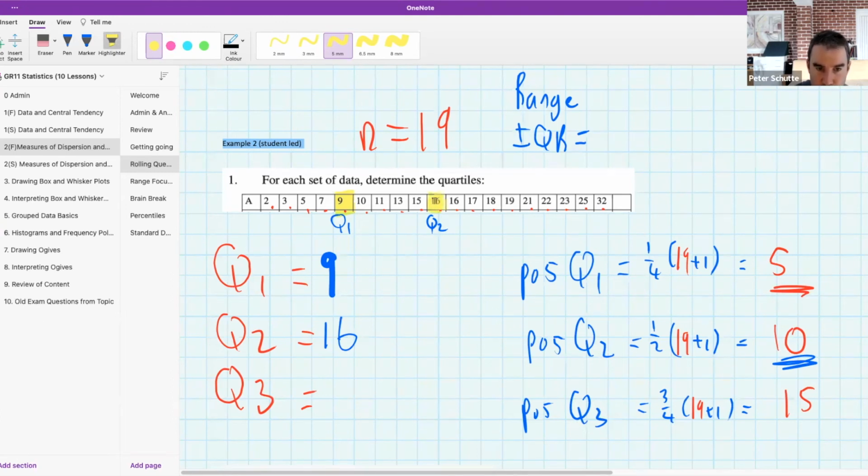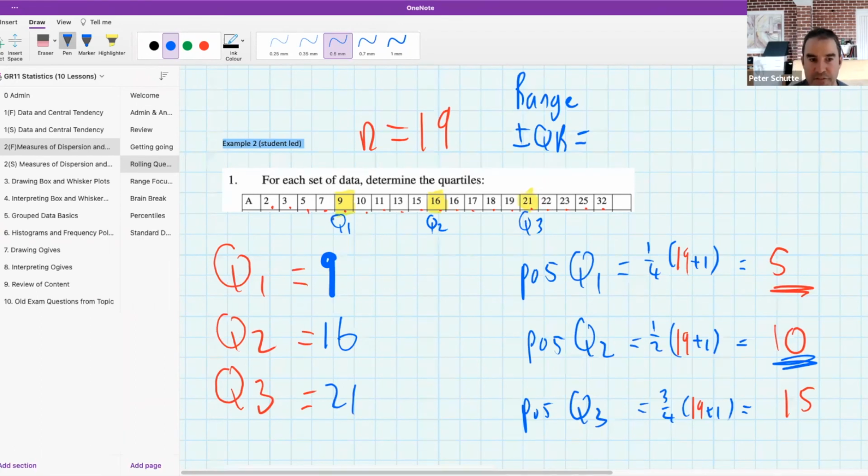And this time it's not falling between numbers, it's exactly on numbers. And then position 15: 11, 12, 13, 14, 15. It's going to be here. So that's Q3, and this is going to be 21.